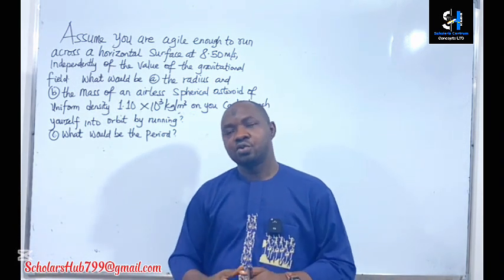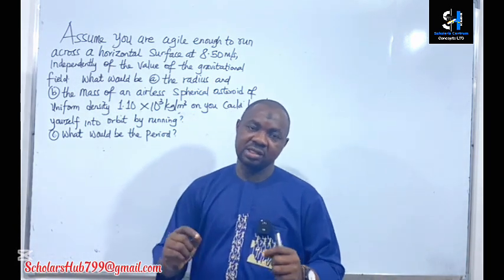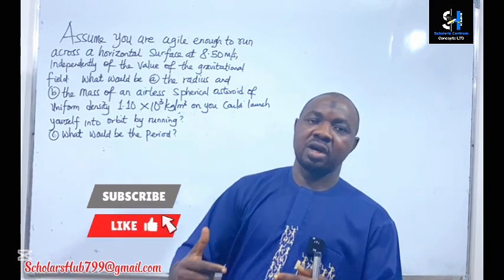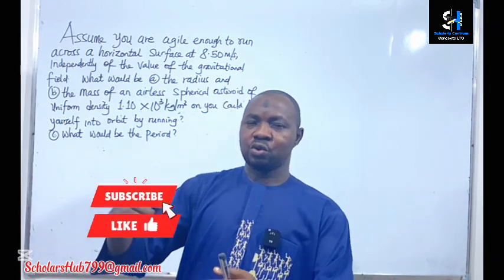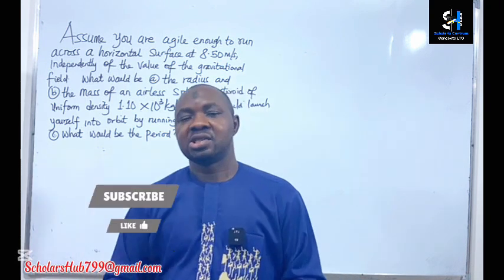But when it comes to orbital velocity, that is the minimum velocity required for an object to maintain or continuously orbit a celestial body.